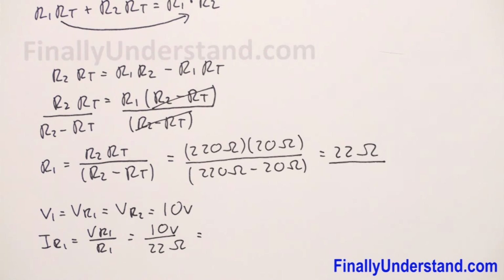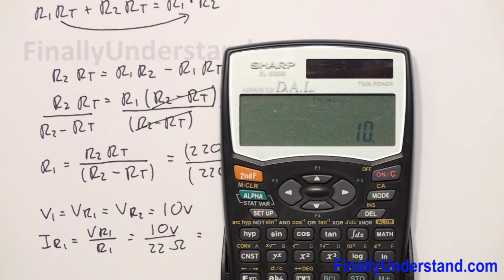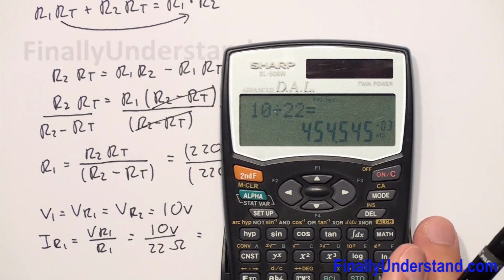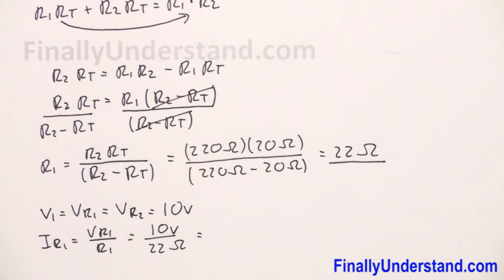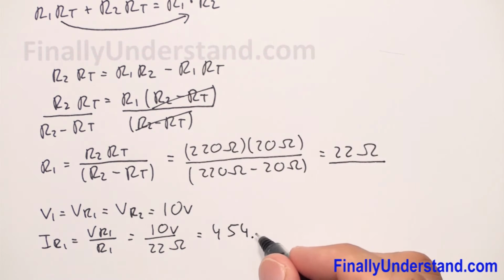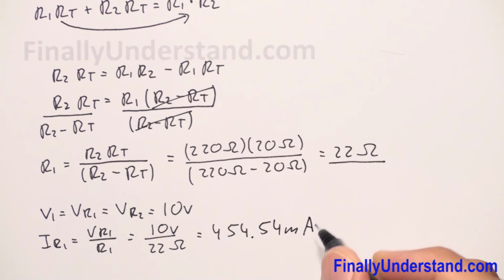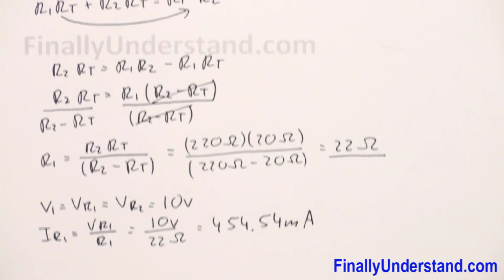So you can use the calculator if you want to. 10 divided by 22 is equal to 454.54 milliamps. So this is the current which will flow through the resistor R1. And now I'm supposed to find IR2.